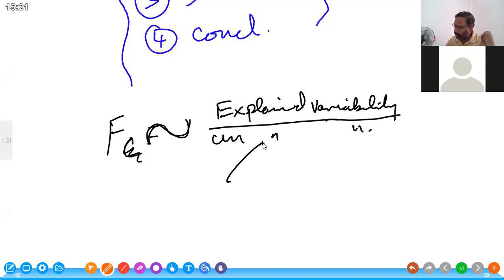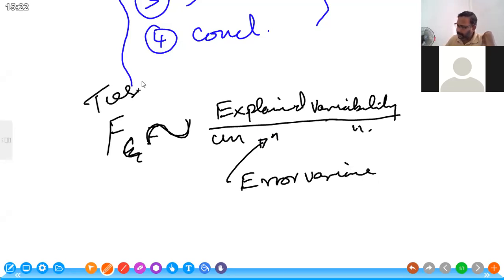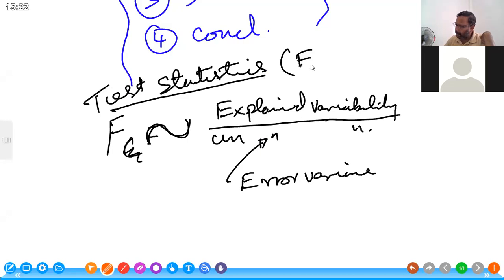This unexplained variability is the one we call the error variance. So this is the test statistic in experimental design.